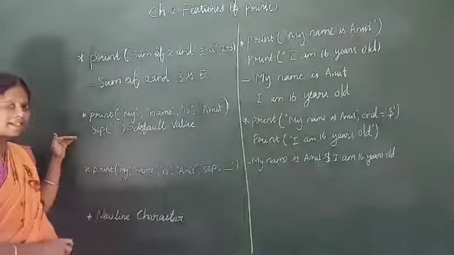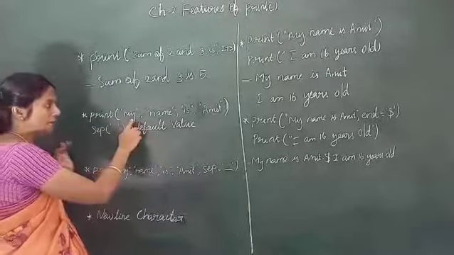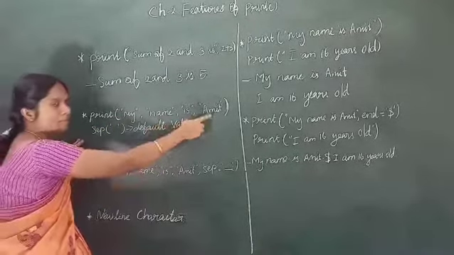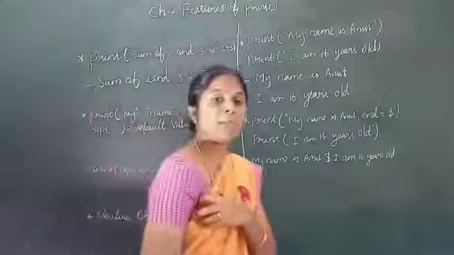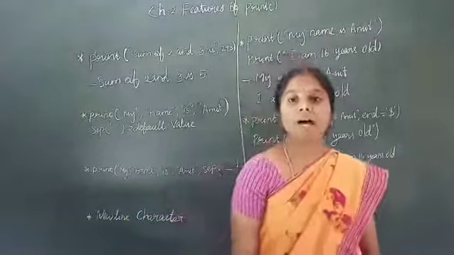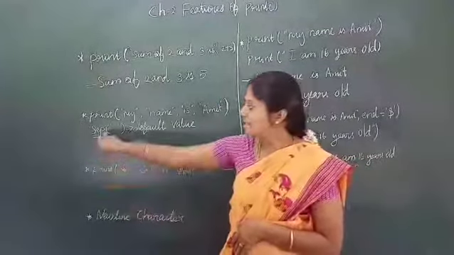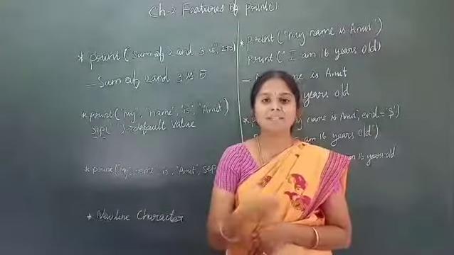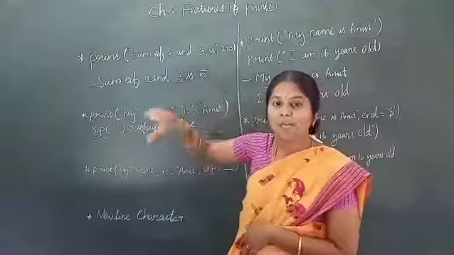Okay, we will see the next example. Print function, the quotes we have specified: my name is Amit. By default, in the print function, a separator value is there. Separator means it will add a single space between the items of the function, the items of the strings.